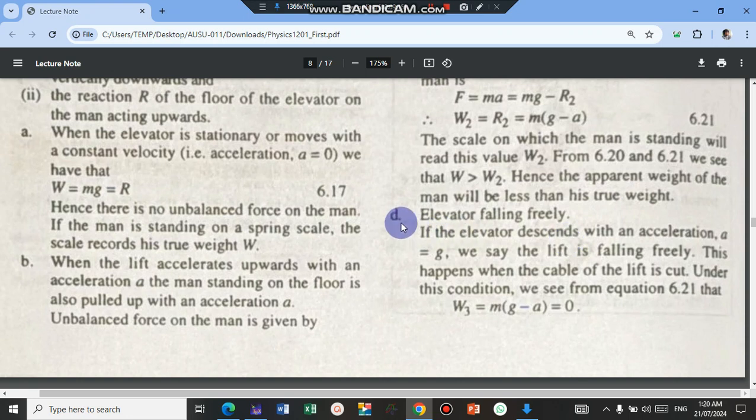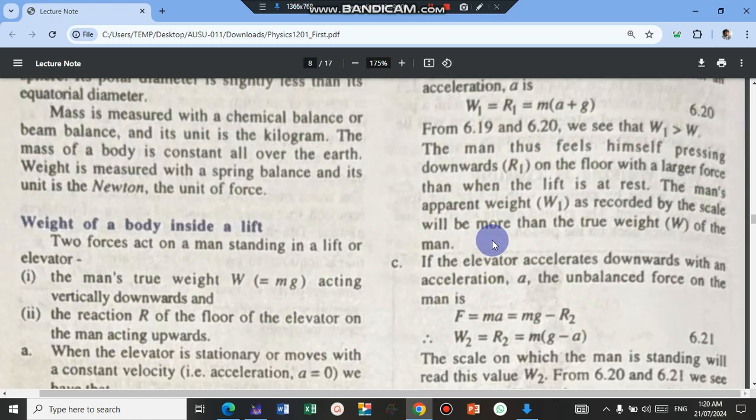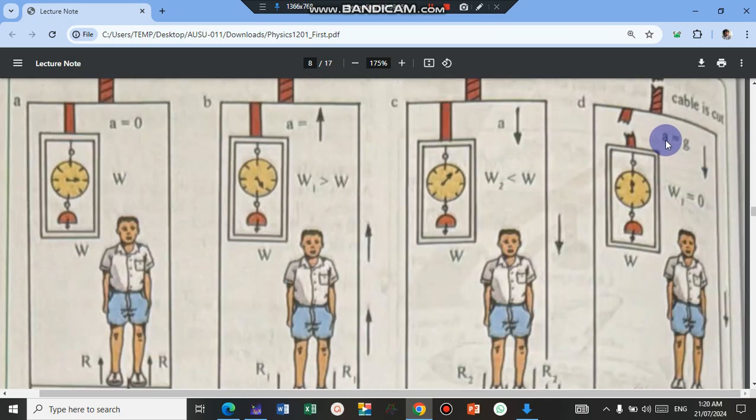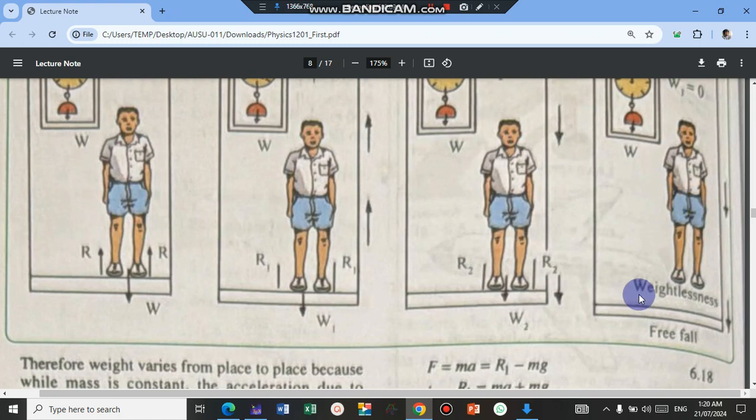Finally, when the elevator is falling freely under gravity, this time the acceleration of the elevator will be equal to the gravitational acceleration. A equals G, and this happens when the elevator cable is cut off. The man will now be floating. His weight will be 0 in the elevator.